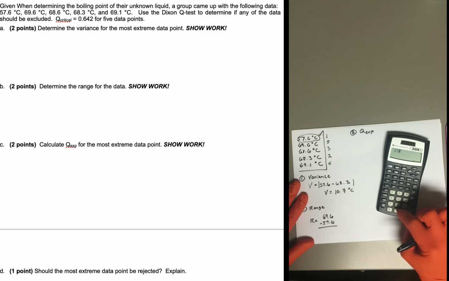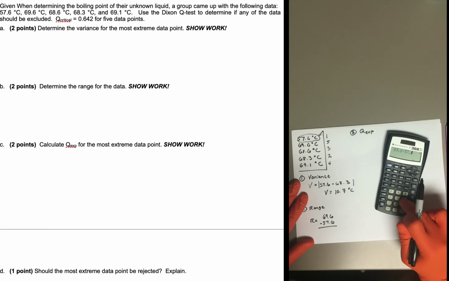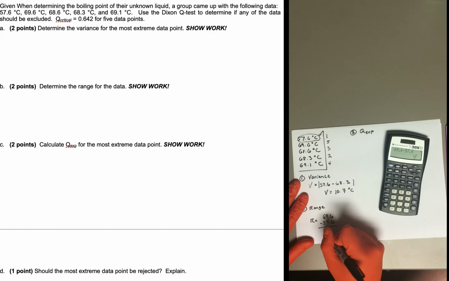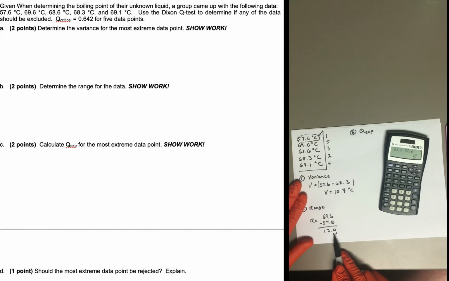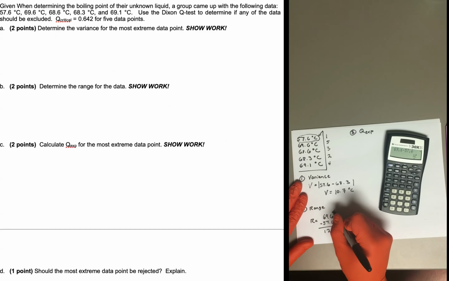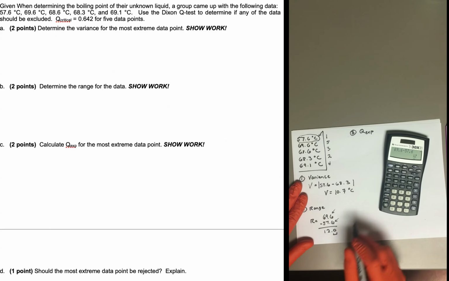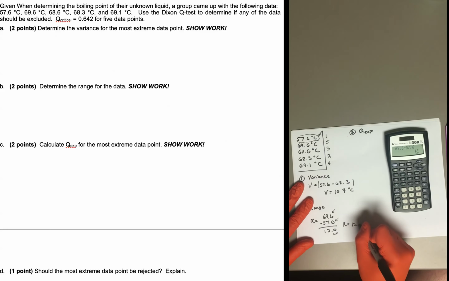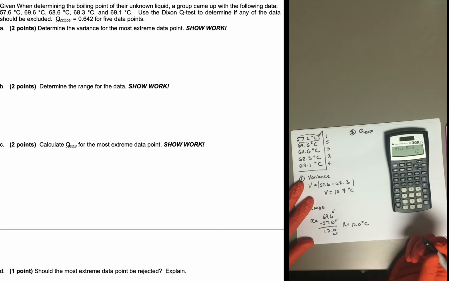I get 69.6 minus 57.6, okay? And this is going to give me 12.0. Remember that I have to keep the number of numbers after the decimal point consistent when I'm doing subtraction. So this one has one number after the decimal point. This one also has one number, so my final answer will also need one number. And so my range, when I put the appropriate units, is going to be 12.0 degrees Celsius.